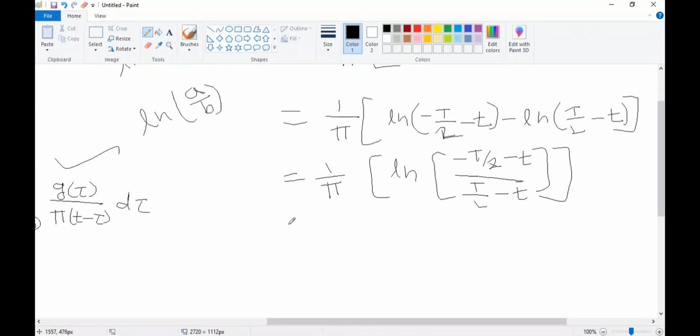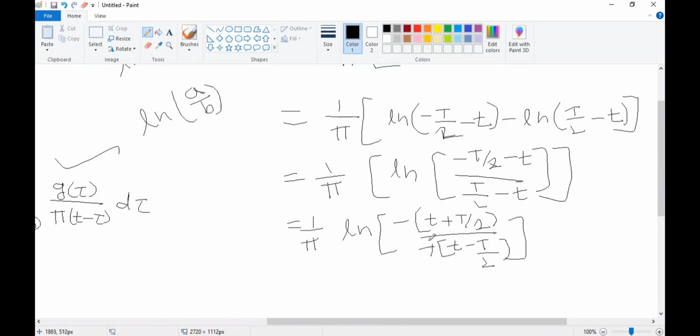So it will become 1 by pi ln of minus common, t plus t by 2, divided by, here also in the denominator I will take minus common, t minus t by 2.